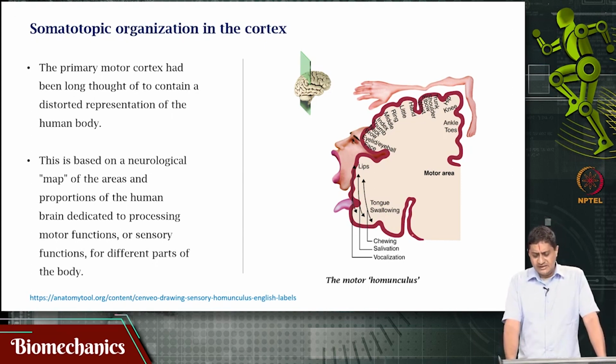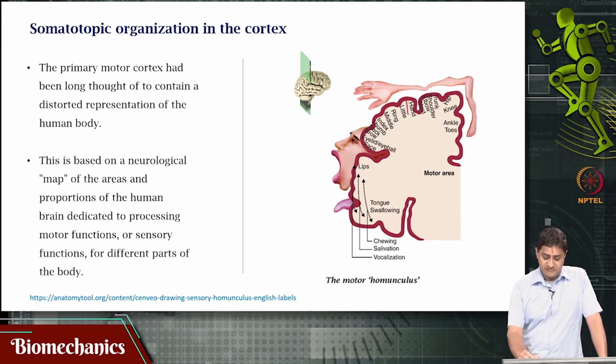In this model, this is of course from the work of Wilder Penfield, neurosurgeon from the 1930s, it was suggested that there is a hand area, there is a little finger area, there is a ring finger area, there is a middle finger area, there is an index finger area, there is a thumb area, suggesting that there may be necessarily some form of boundaries between them.